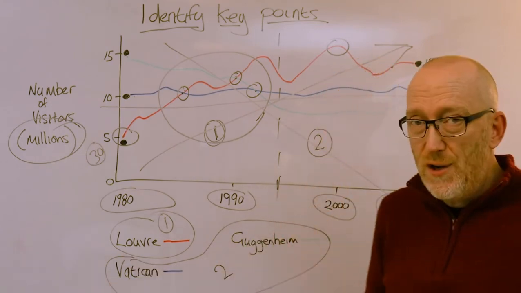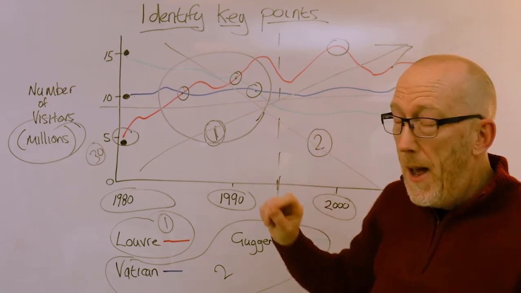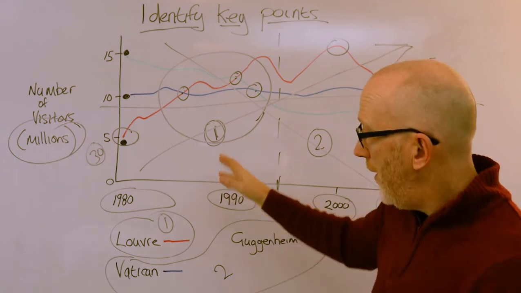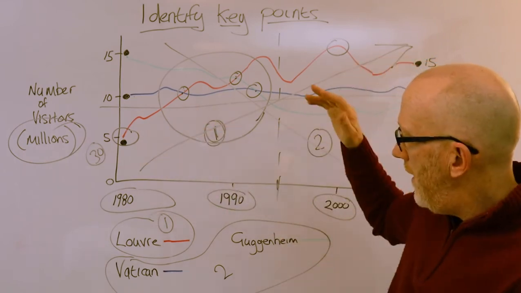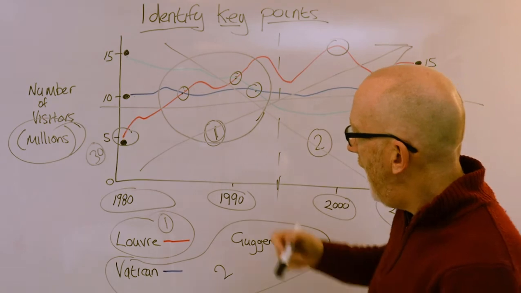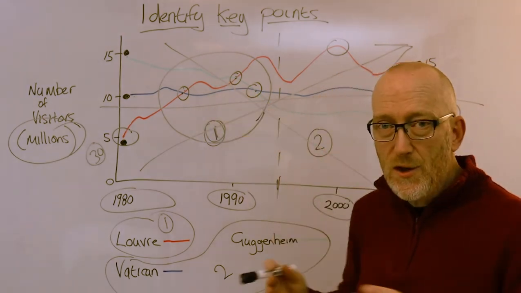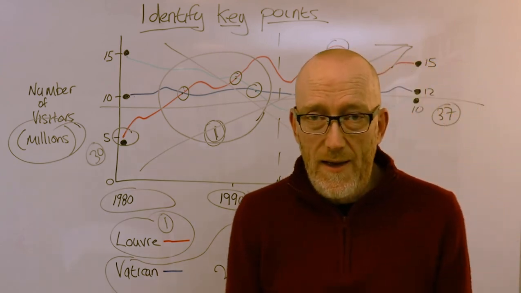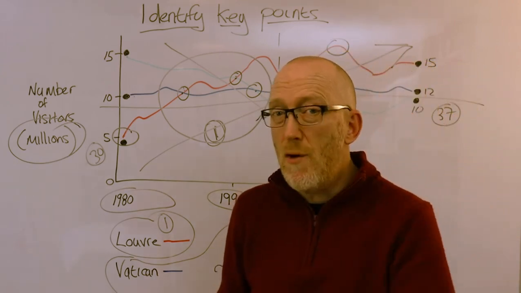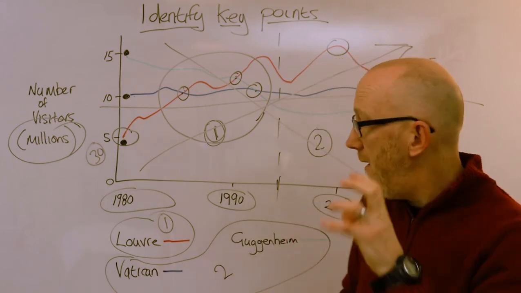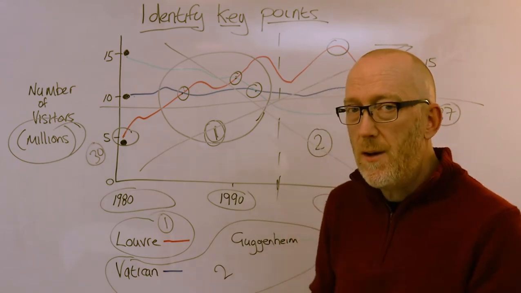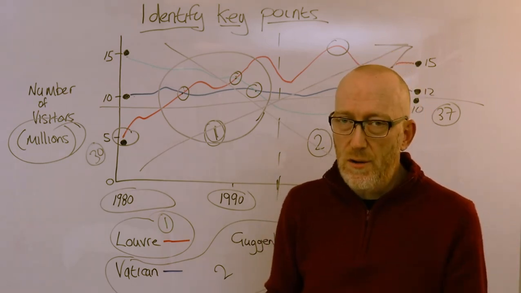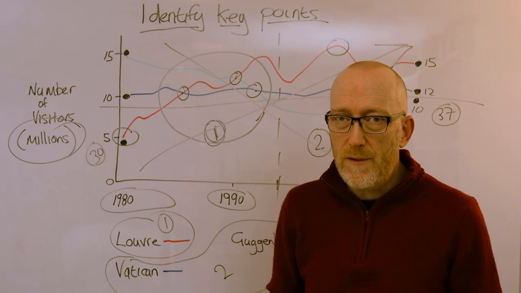So what I have to do is just spend a minute quickly just identify key things, key points like highs and lows, starts and finishes, anything that might look interesting where 2 bits of data cross over. Just try and identify things like that and then decide, can you write about it? If you can write about it and it's logical to do so, then great. If you can't write about it or you think it's not logical, then just ignore it afterwards.